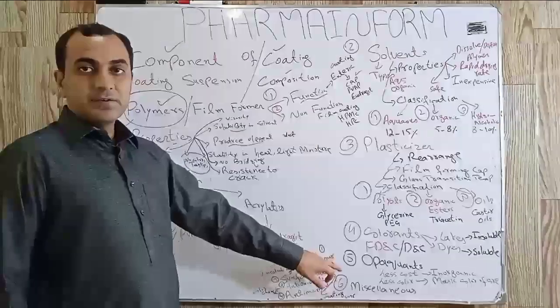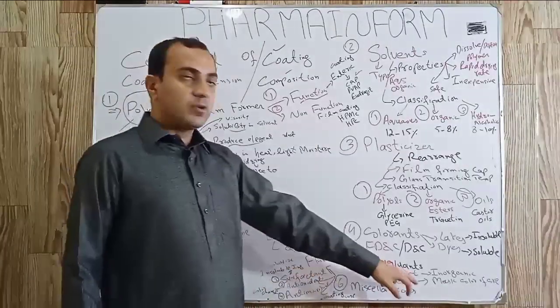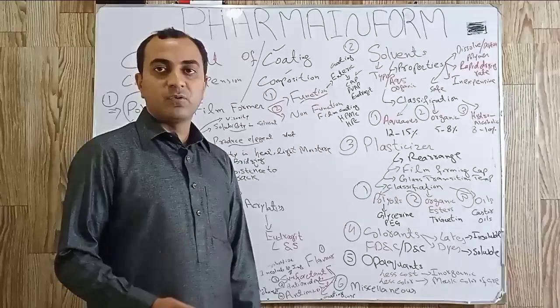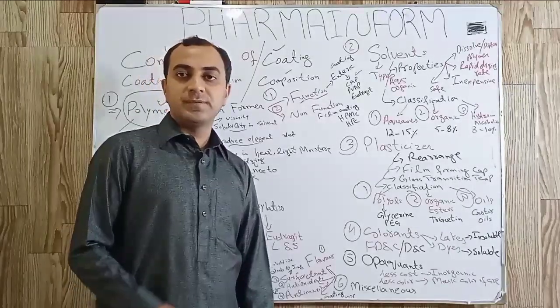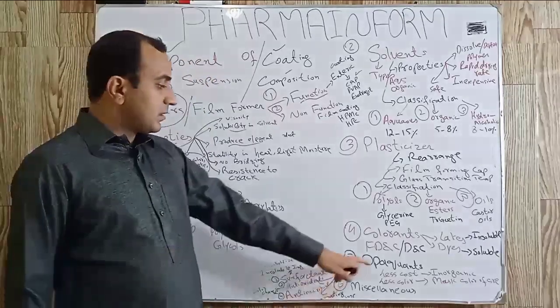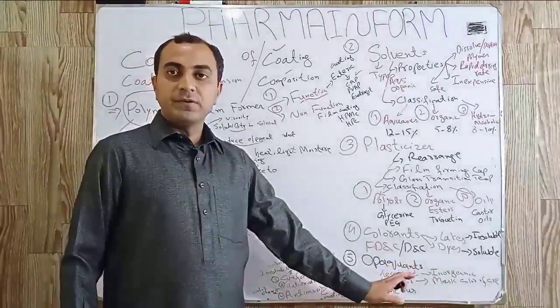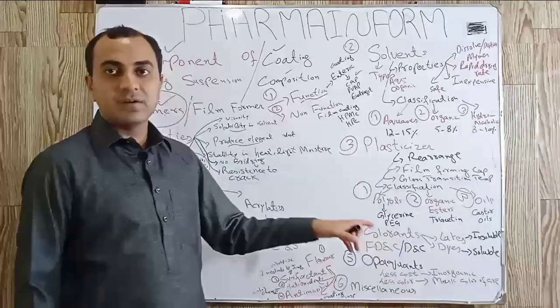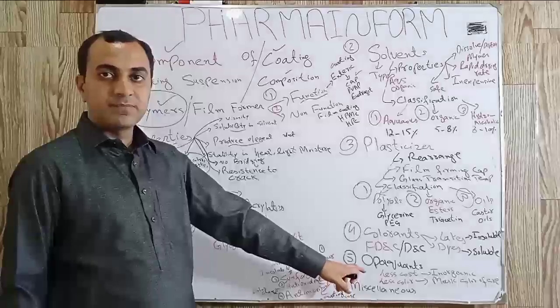Next portion is the opacifiers. Opacifiers are basically inorganic materials which are used to prepare a base, or they are used to mask the color of the core tablet. Basically, opacifiers make a base to mask the color of core tablet.